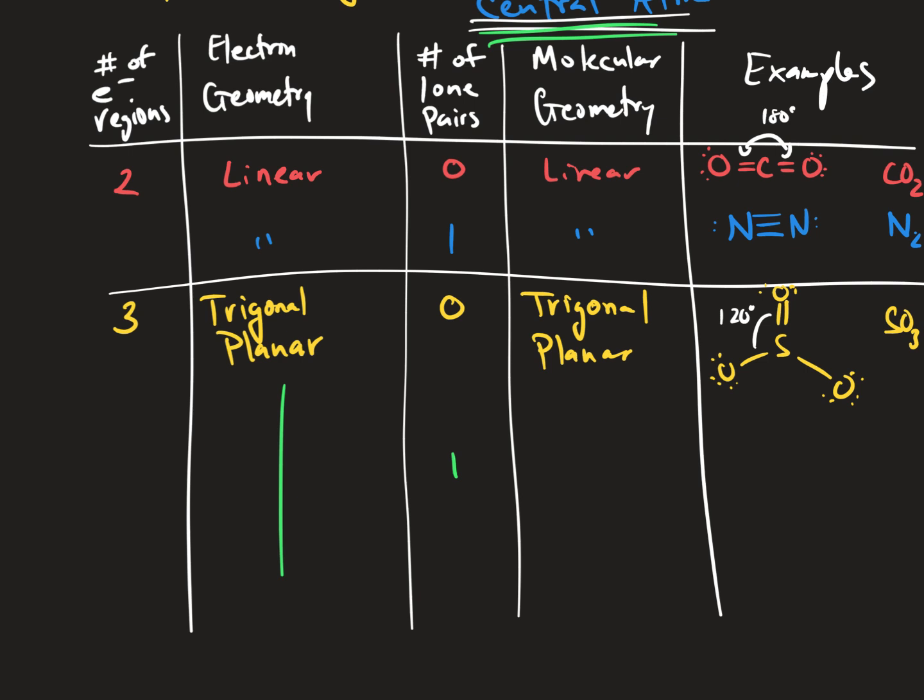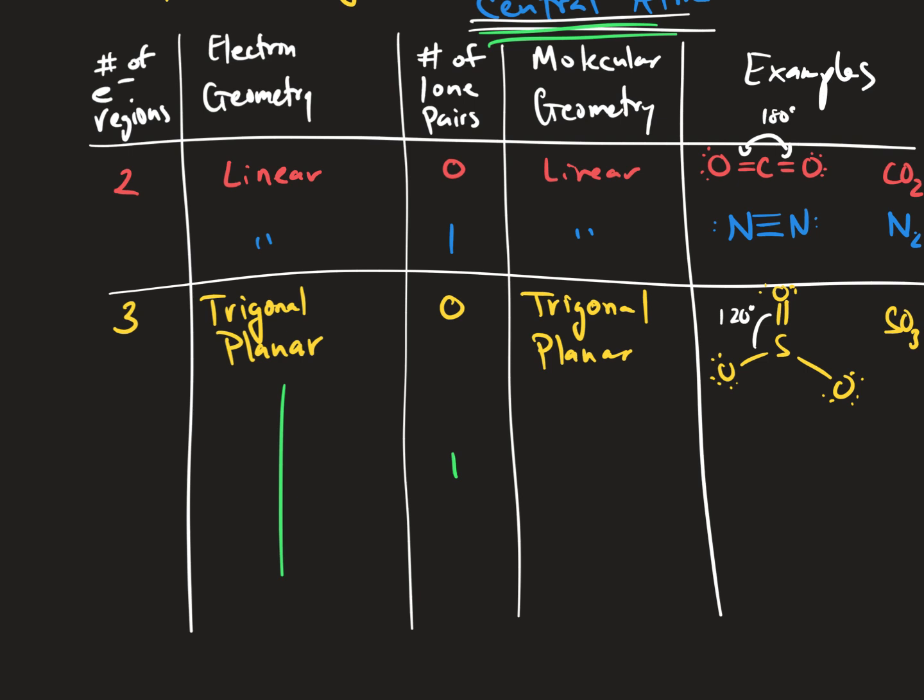Electron geometry just worries about the electron regions. It doesn't care what's bonded to it or if anything's bonded to it. And the molecular geometry is worried about just what's bonded to it. So the atoms, if it has bonded atoms, that's all it worries about. So here we have 3 bonded atoms. That's 3 regions. That's trigonal planar, right?